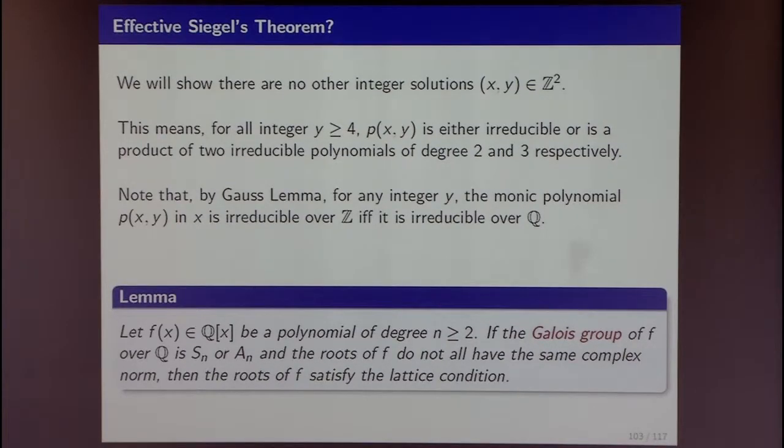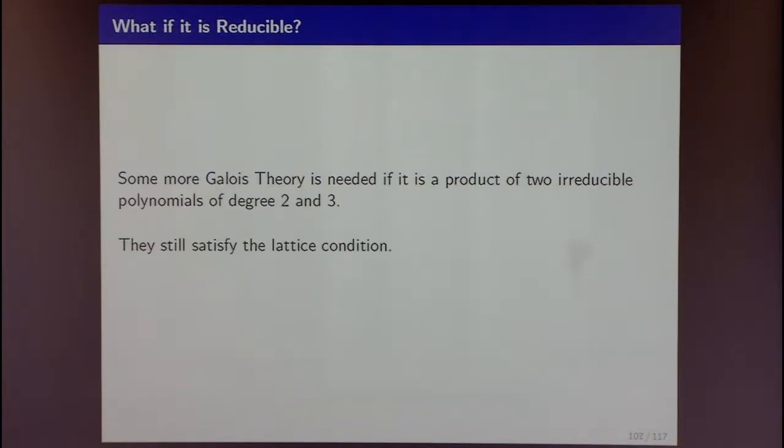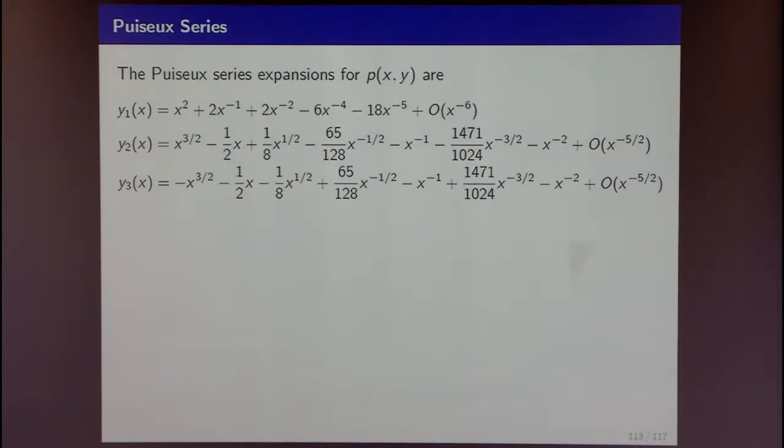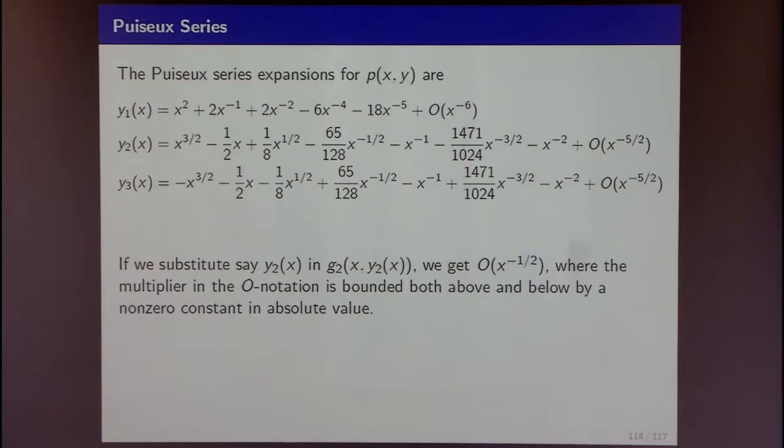Let me just show one more slide. It says that the final way to show that there are no integer solutions is to appeal to a device called the Puiseux series. So you expand this with these fractional Laurent expansions near the roots, and then argue that certain functions that should be integers, if x and y are integer solutions, would have been integers.